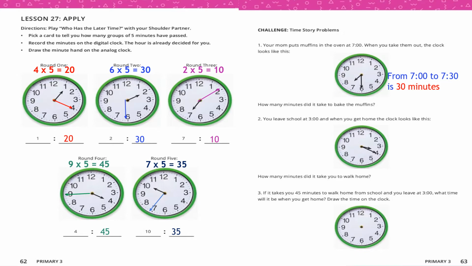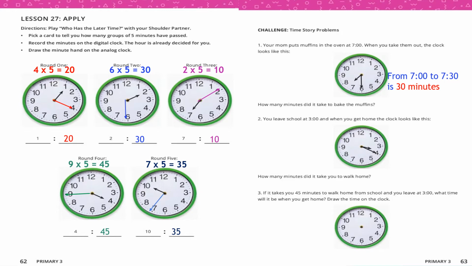Number 2, you leave school at 3 o'clock. And when you get home, the clock looks like this. We left our school at 3 o'clock. So it was 3:00, and when we reached home, it became like this. It's what?